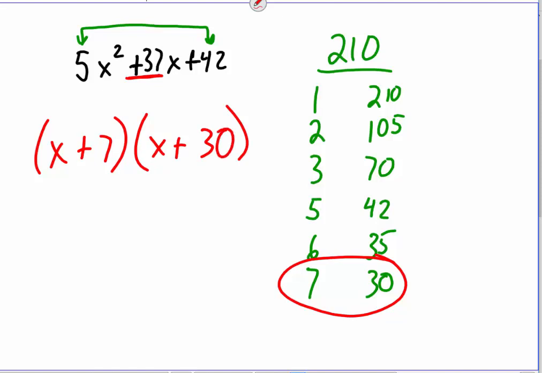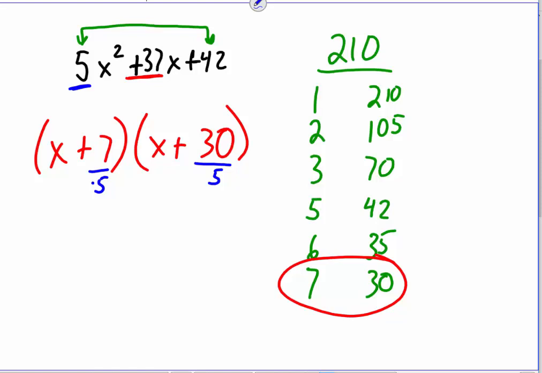But because our coefficient is not a 1, in other words, the number in front of the x squared is not a 1, we have one more step to do. We're going to take this coefficient, and I'm going to divide by 5 here. Now, I can't reduce this at all. 7/5.